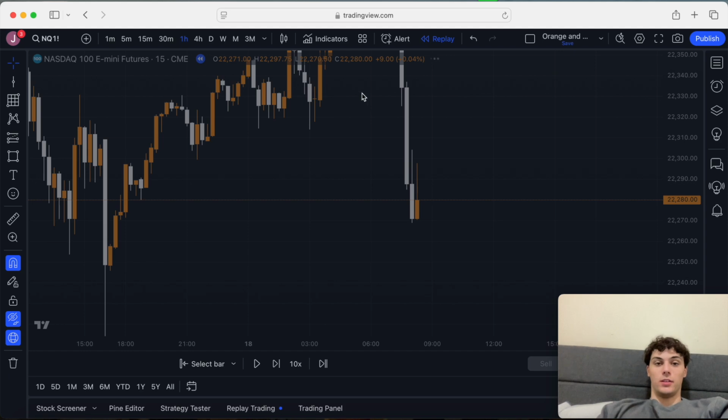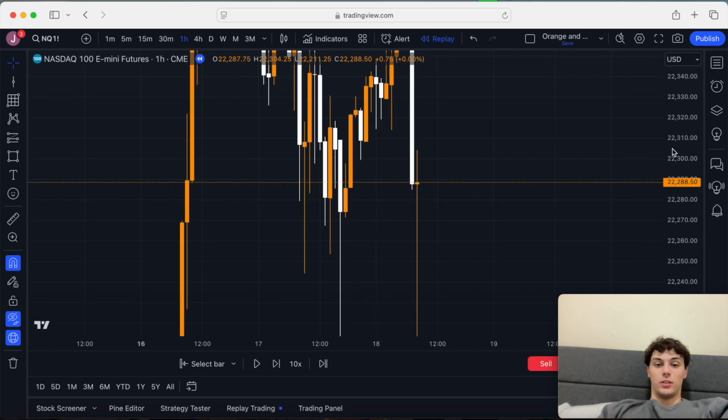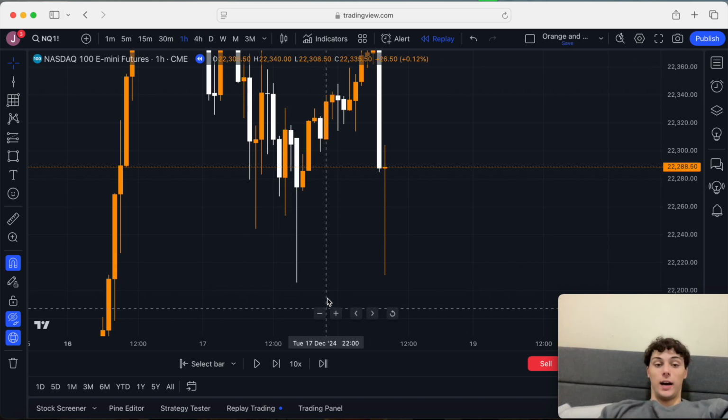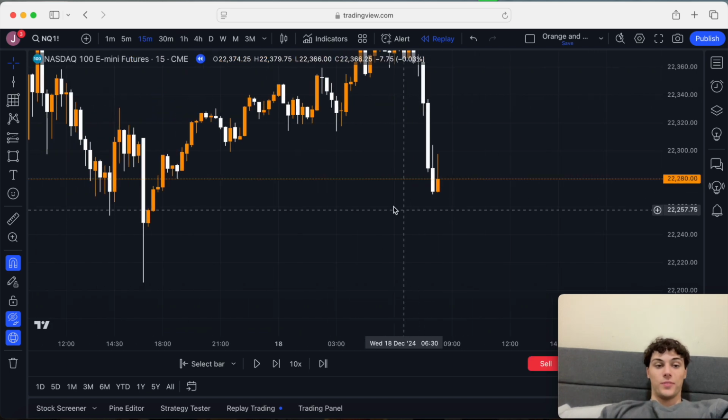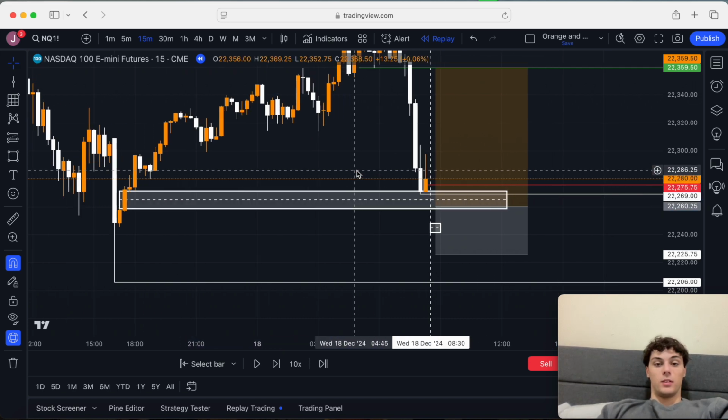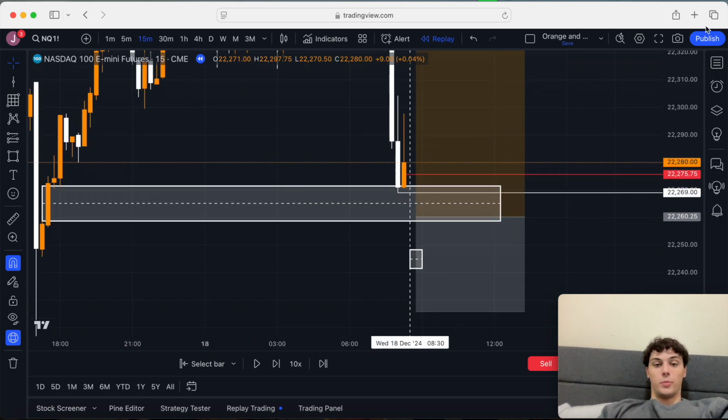Everything on the hourly swept out. Literally everything. We have this hourly low right here. I did think price is going to go here, but what do we have? We have this 15-minute fair value gap. And we also have this 15-minute low.